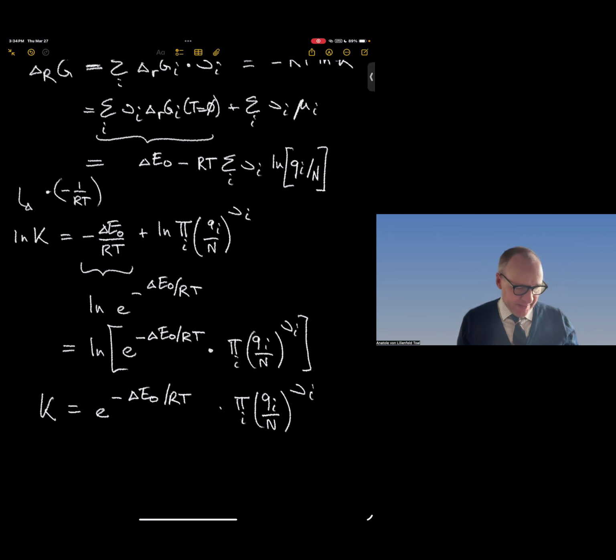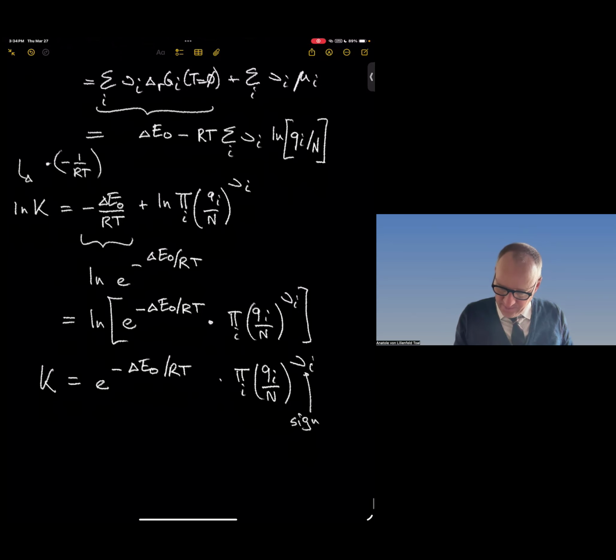Now, this is written again in the generic way, namely that the stoichiometrical factors take care of the sign and tell you if it is a reactant or a product. Okay.